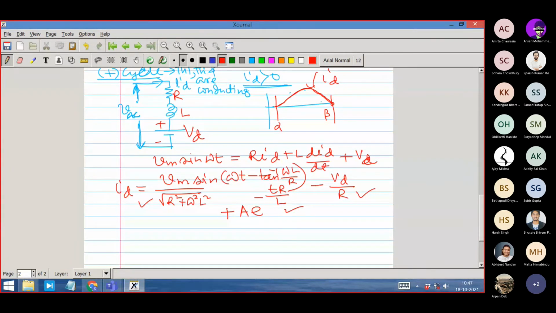That is why the transient is ingrained into it as if it is a steady state thing. Why is it steady state? Because after one cycle it is periodic. This waveform is periodic, but in the periodic part there is an exponential part ingrained, and this exponential part cannot continue.